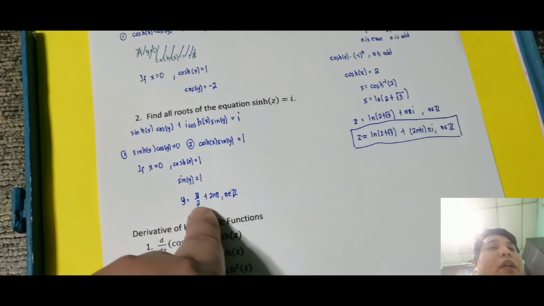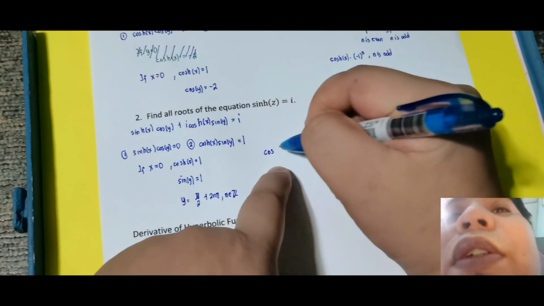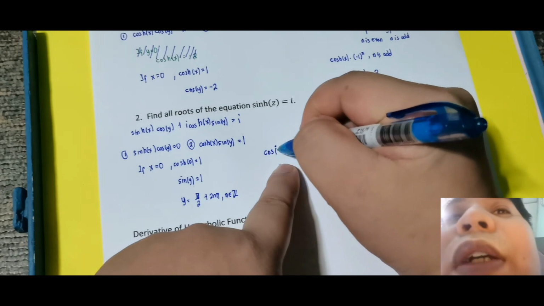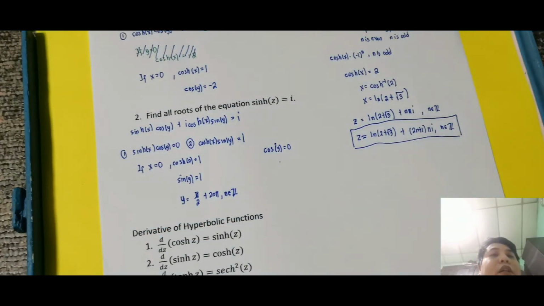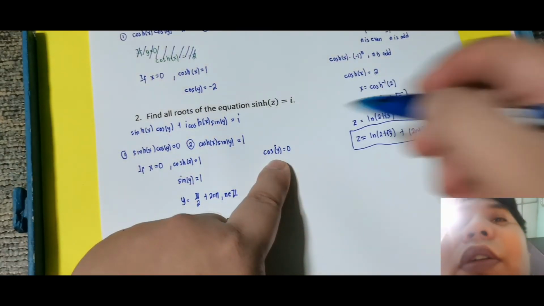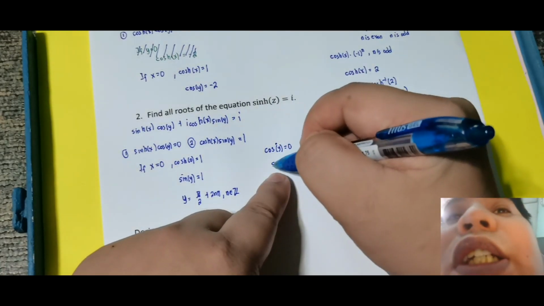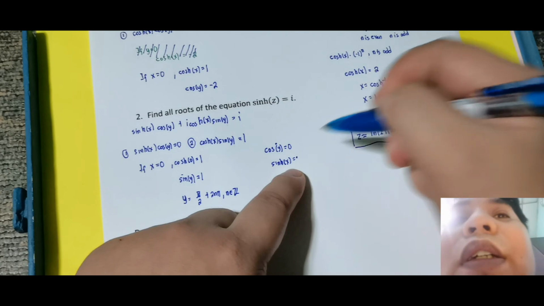So yung cosine ng y natin dito sa equation 1 is always 0. Okay, so mangyayari, sinh x times cos y is equal to 0.